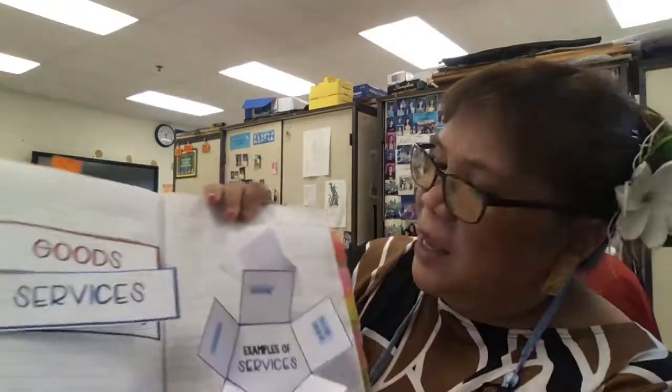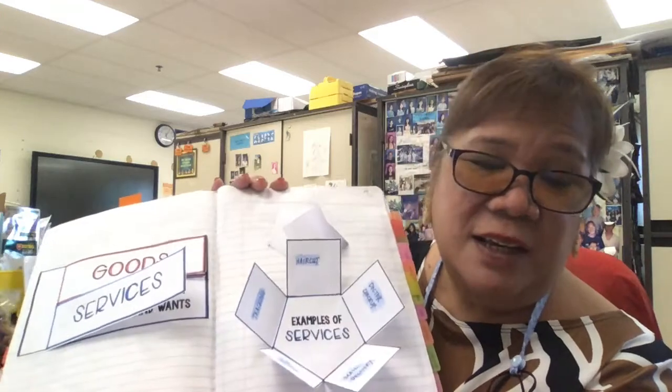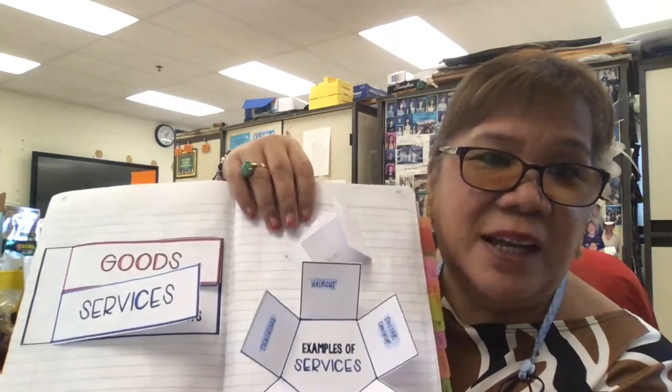Again, haircut, doctor or dentist checkup, mail delivery, car repairs, teaching. These are examples of services. Also, car wash is a service. Getting your nails done, manicure or pedicure, that's a service.